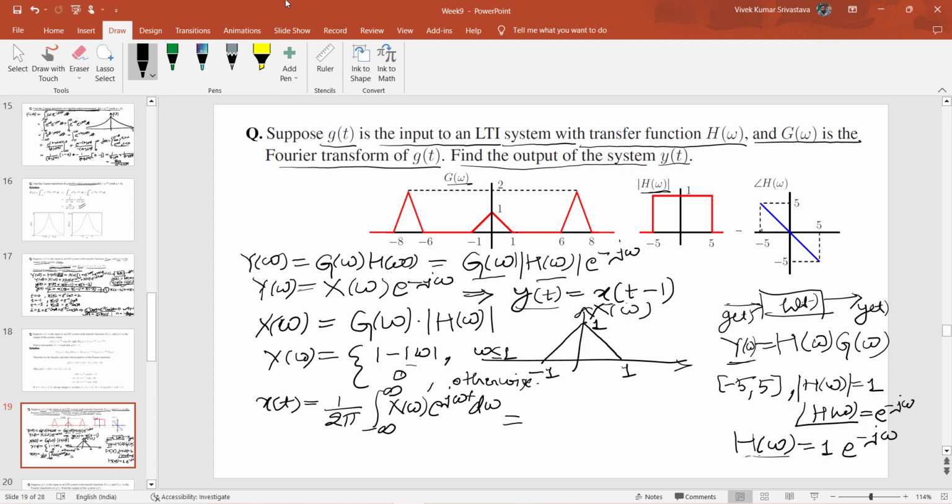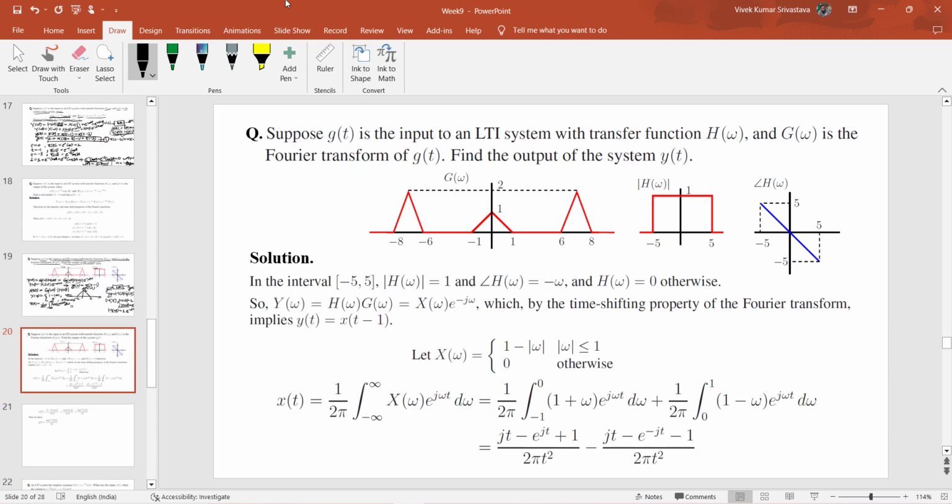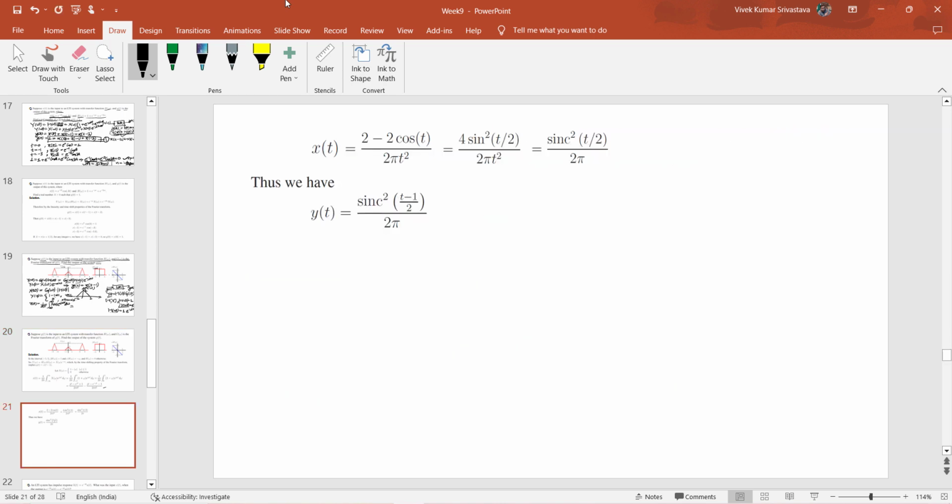I'm leaving this exercise for you. You can solve it later by substituting the value of x of omega for the corresponding frequency range. Once you substitute and solve, you will get the value of xt as sinc squared of t by 2, over 2 pi. So this is the value of x of t.